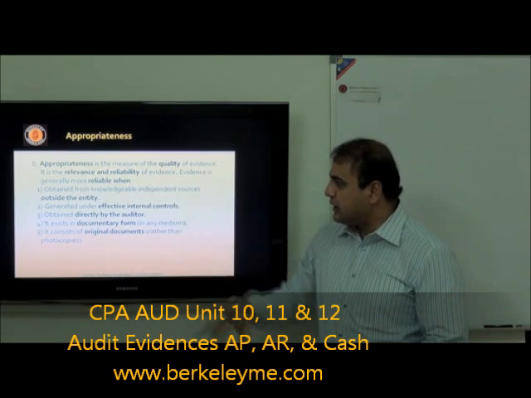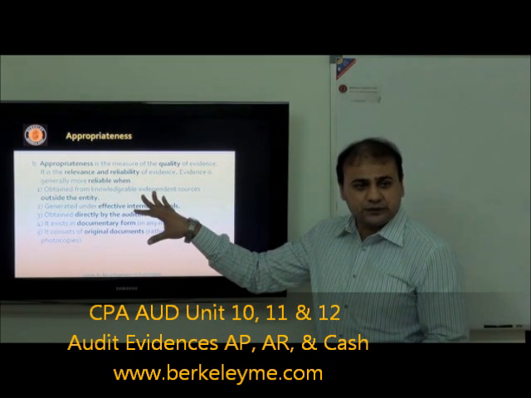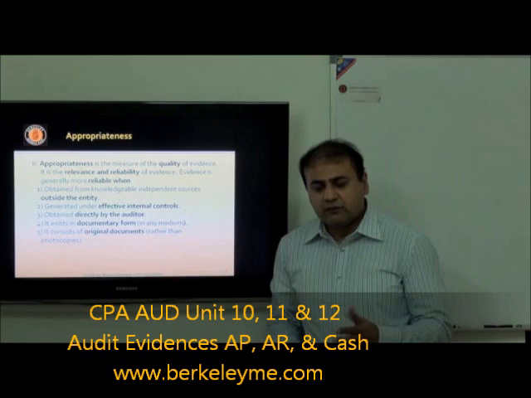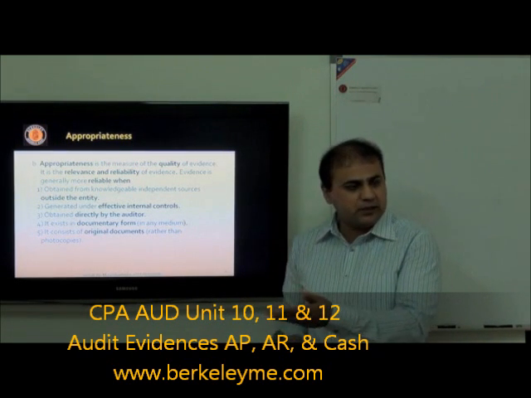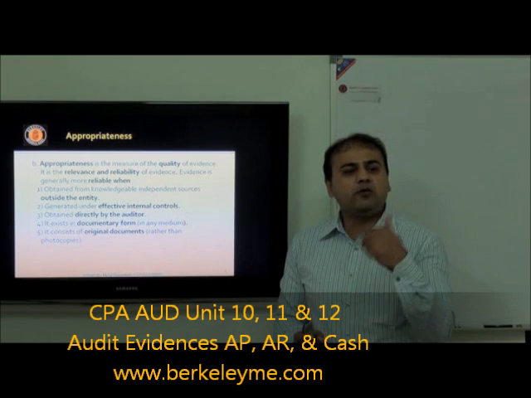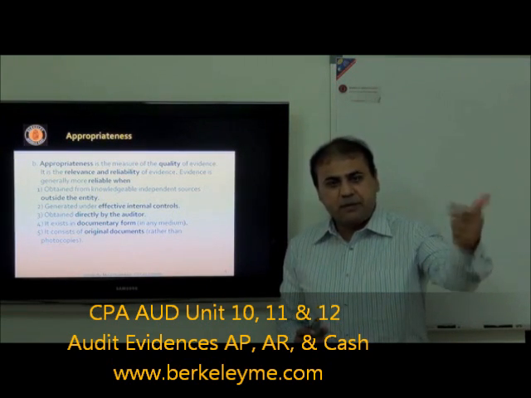Evidence is generally more reliable when it is obtained from independent sources. That's why, when you are talking about accounts receivable and accounts payable, the auditor will always prefer to directly send a confirmation letter to the parties.